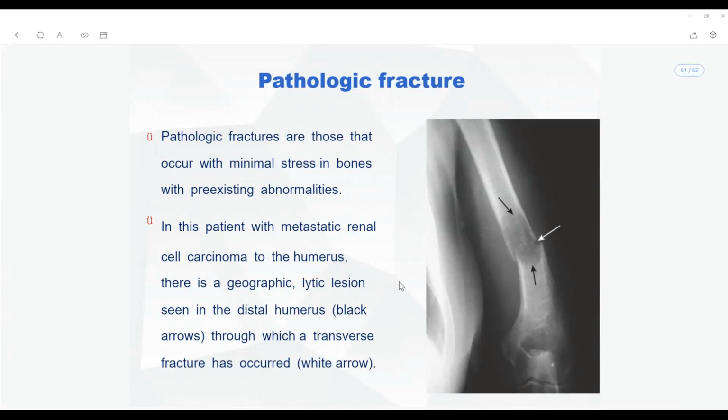The last image you can remember is the wedge compression fractures, which are also related to pathological fractures. Wedge compression fractures are very characteristic, classical features of bone tuberculosis, which happens because of Pott's disease, right?